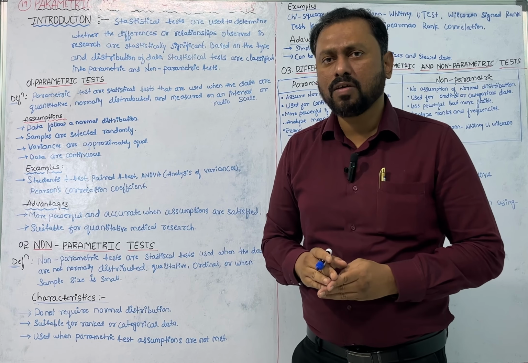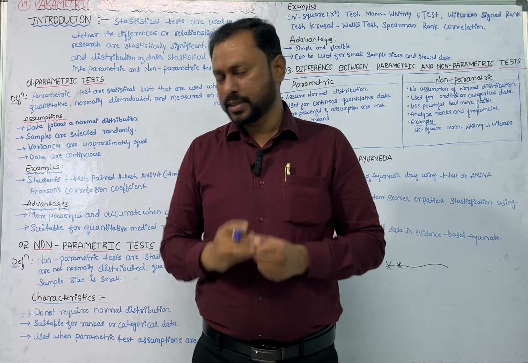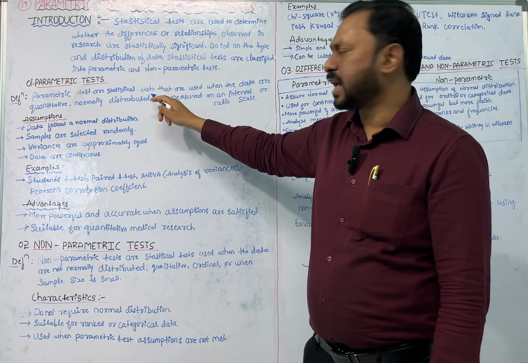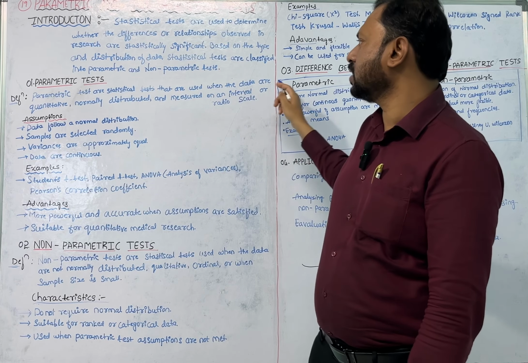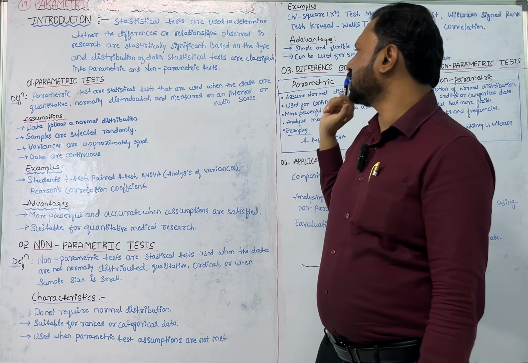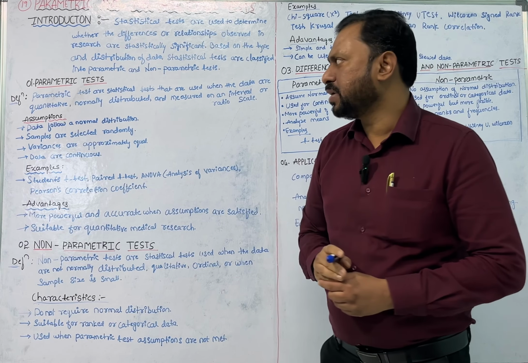Once again, the parametric tests are statistical tests used when the data is quantitative, normally distributed and measured on an interval or ratio scale. This is about the parametric test.